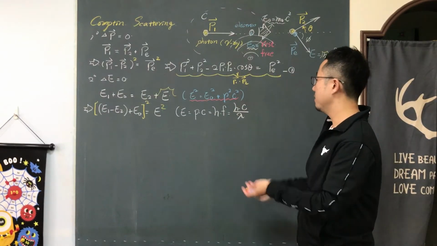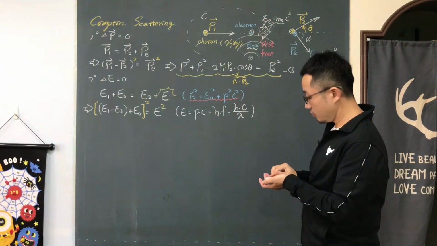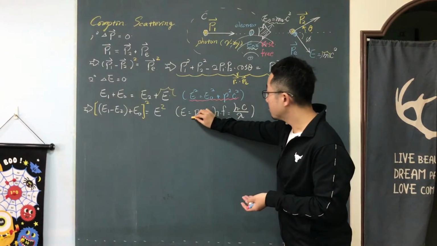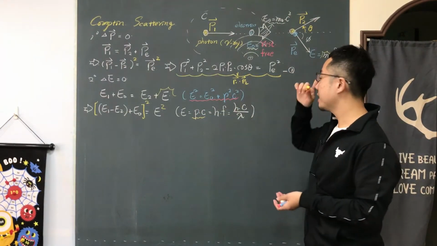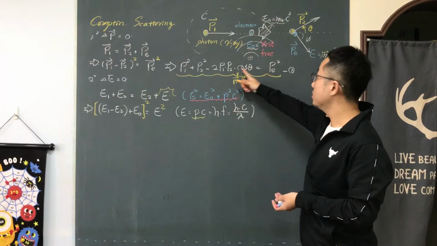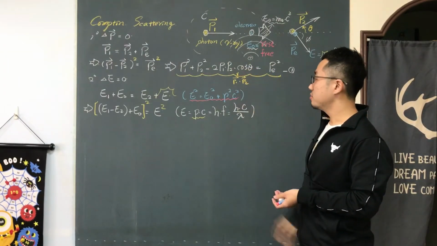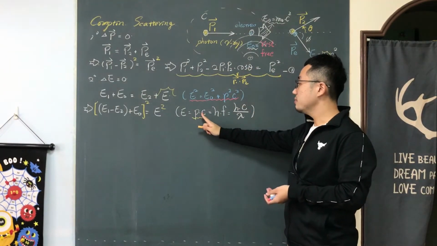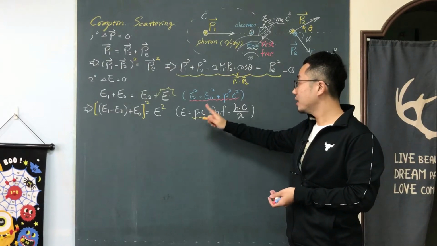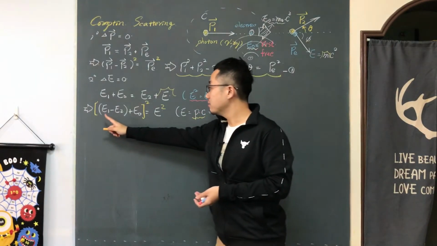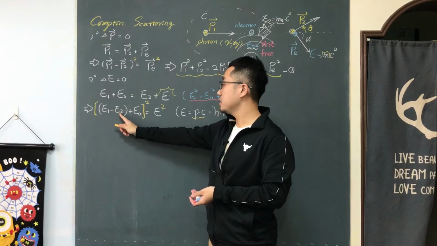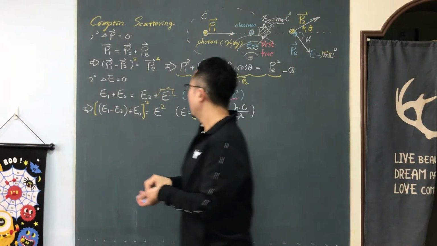Okay, we got so many of them. I would like to use E equals PC, since I got an equation related to P. So E equals PC might be really useful for me. So I'm going to plug in E equals PC, like P1C for E1 and P2C for E2.